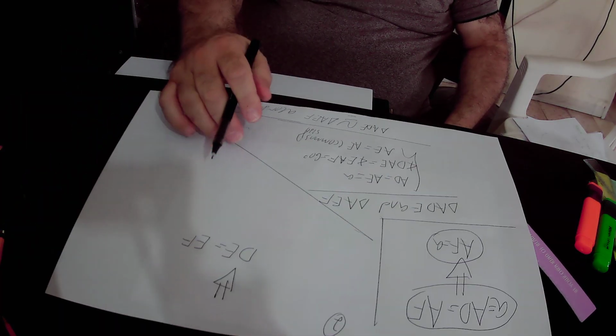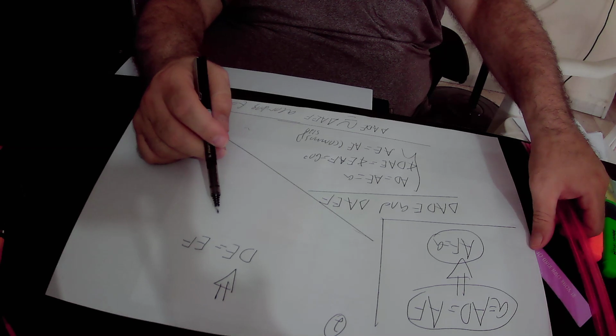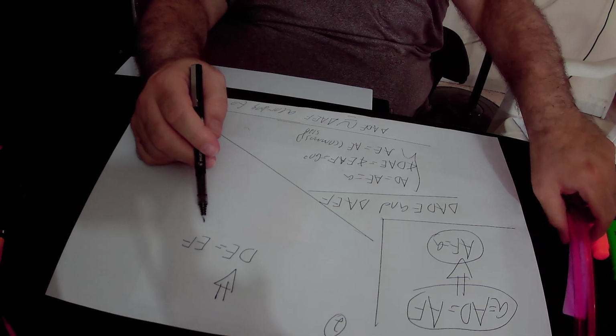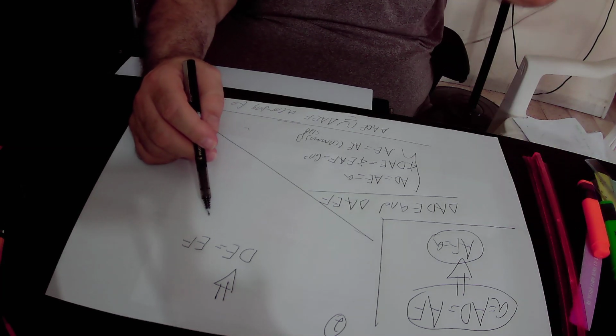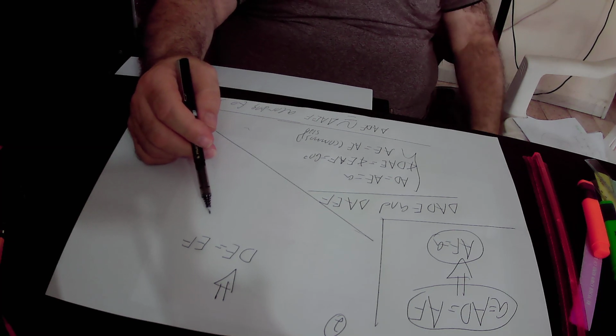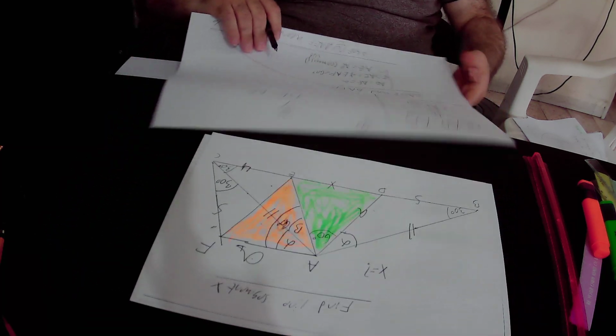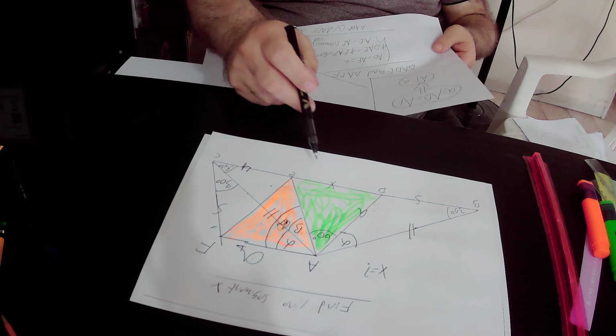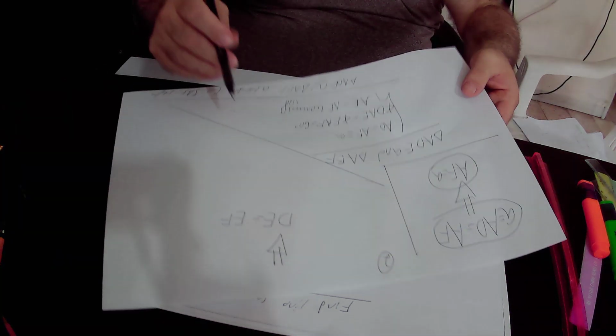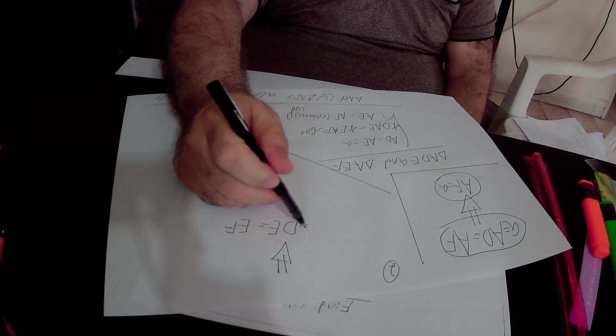I'll repeat again, from the fact that the green triangle is congruent to the orange triangle, we conclude that DE equals EF, according to the same rule that corresponding sides in congruent triangles are equal to each other. But according to what is given, DE equals X. That is the line segment that we are looking for.